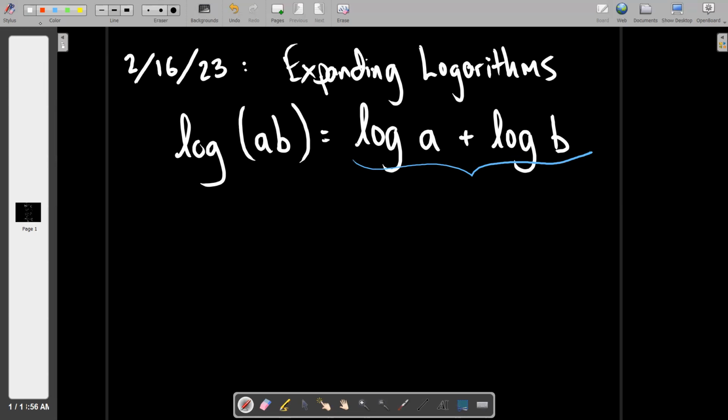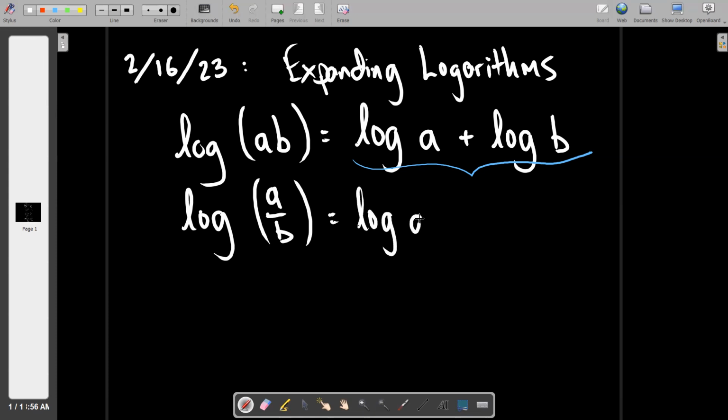The other most common expansion you're going to see would be if you were given log of a quotient, like log of A over B, what would that break back into? Very good. Okay. So let's start with a couple super basic examples before we get to the weirder ones. Let me show you one more thing while we're here.